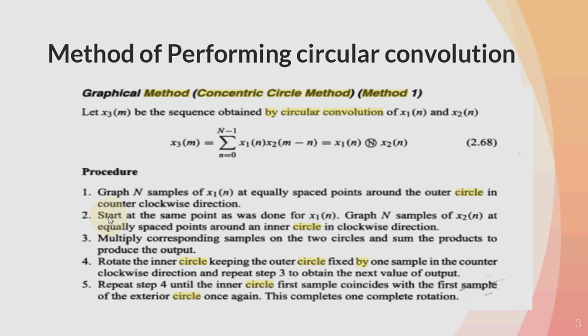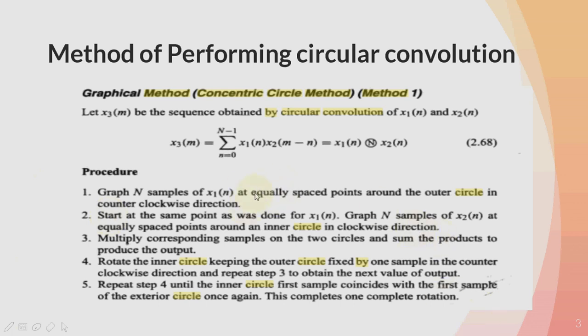In step number 1, x1 is placed in this way on the outer circle in the anti-clockwise direction at equally spaced points. Then start at the same point as was done for x1. In the inner circle, start with the same point and graph the N samples of x2 at equally spaced points around the inner circle in the clockwise direction.